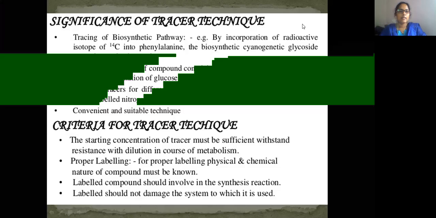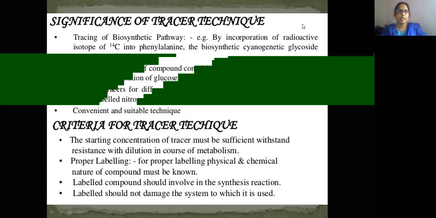The second one is the location and quantity of the compound containing the tracer. Just now we have seen the picture, okay? Like in a stomach we have a radiolabeled capsule, right? Like that we can also find the location of these radiolabeled compounds.